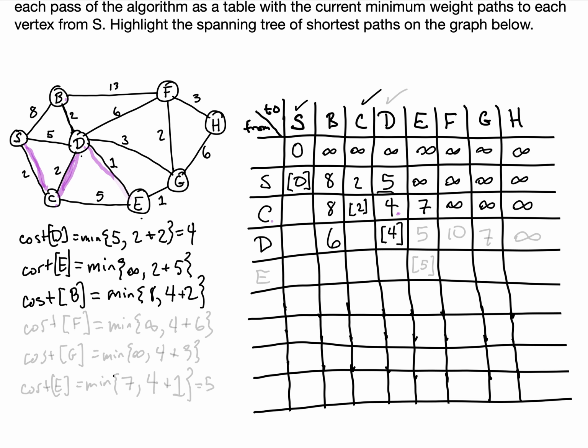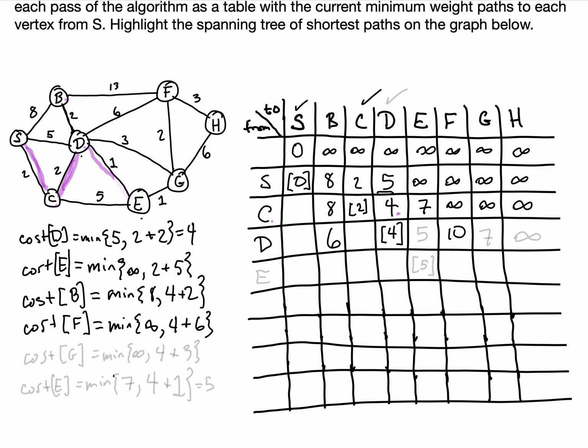What are other neighbors of D? Well, the cost of F. F is another neighbor of D. So the cost of F is the minimum of the previous cost of F, which was infinity, and the cost up to D, which is 4, plus the weight from D to F, which is 6. So it's the minimum of infinity and 10. That's 10.